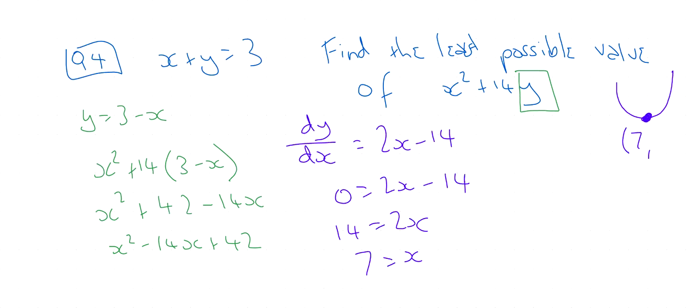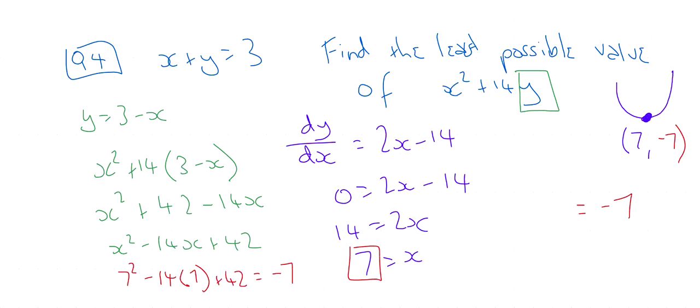So let's take this and put it in over here. So I've got, whoops, why am I writing x? 7 squared minus 14 times 7 plus 42. And if you put all of that in, you will get negative 7. So my answer is negative 7. That is my least possible value of this.